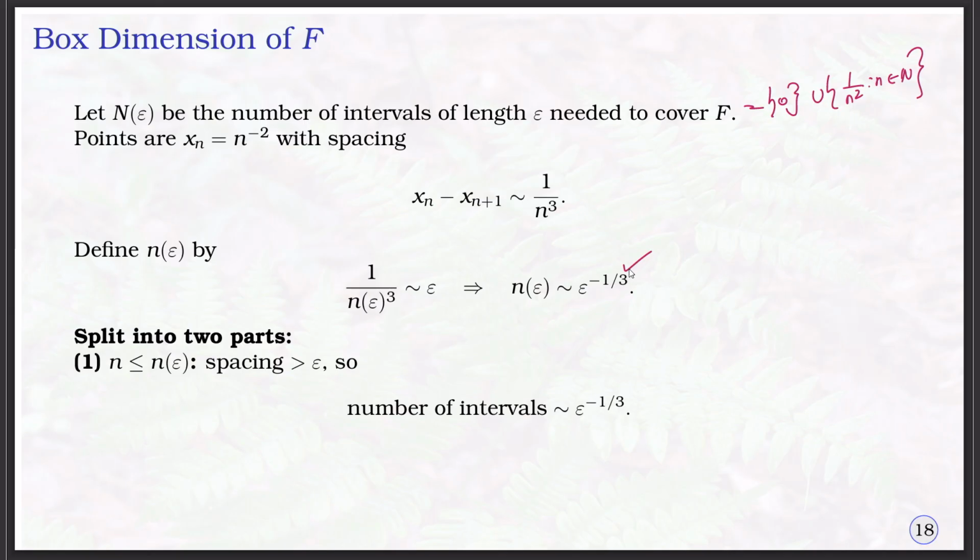So split into two parts. One is when n is less than or equal to n(epsilon), that means the spacing is greater than epsilon. If the spacing is greater than epsilon, then the number of intervals is directly proportional to epsilon power minus 1 by 3.